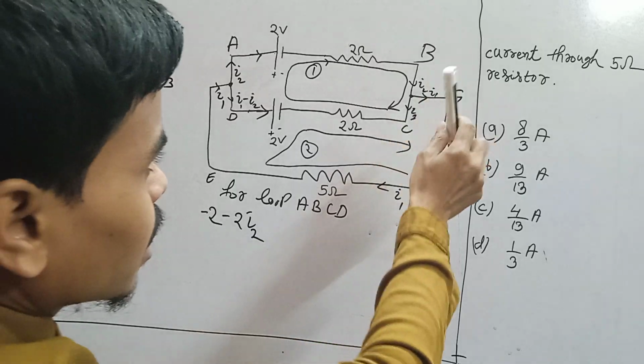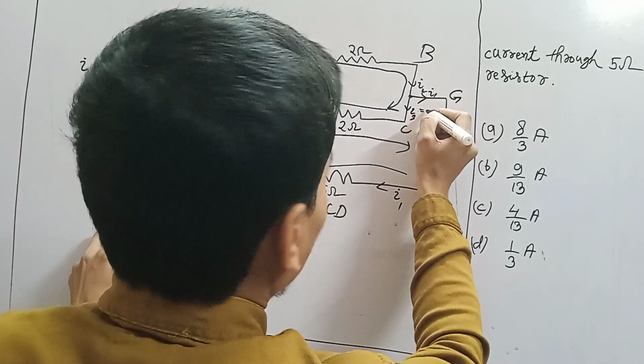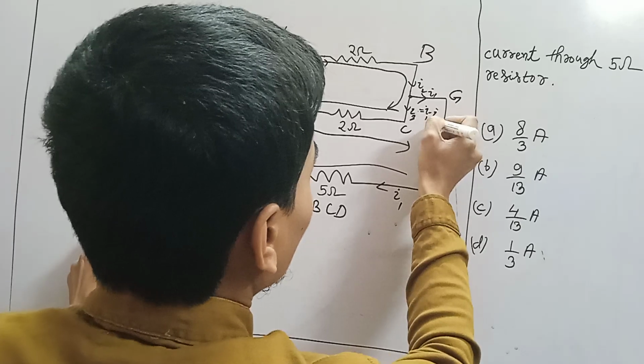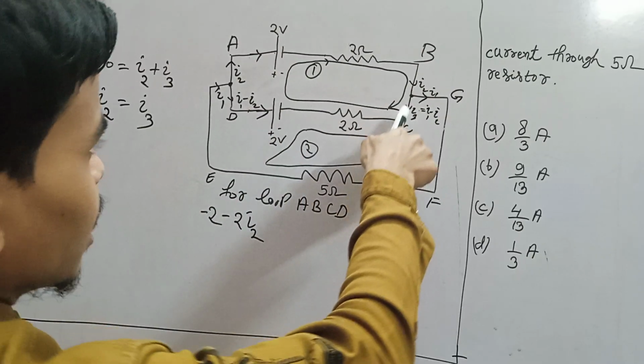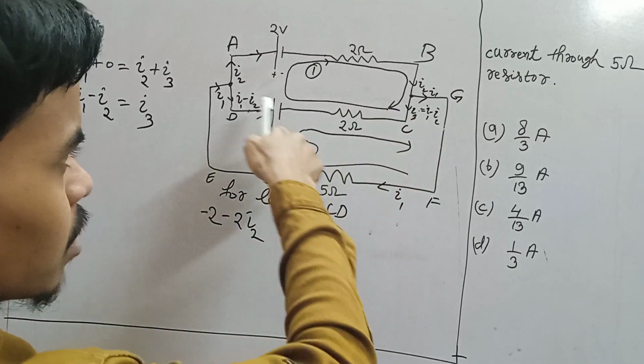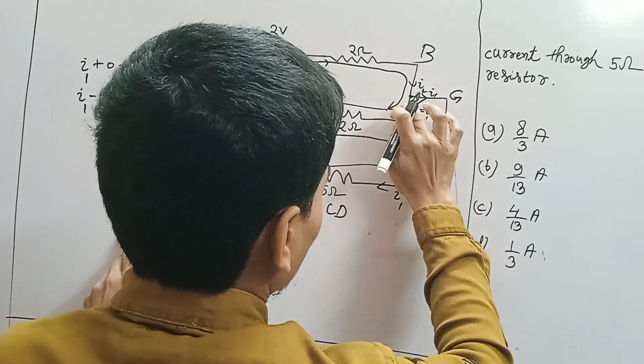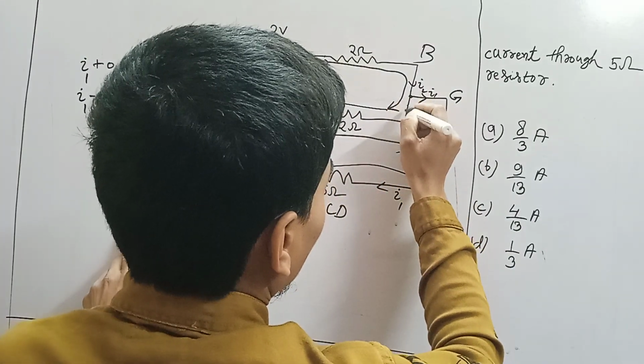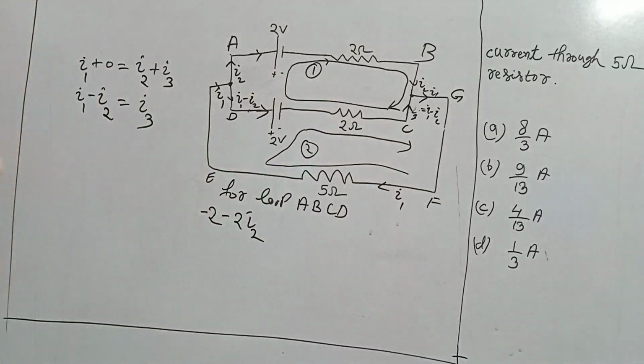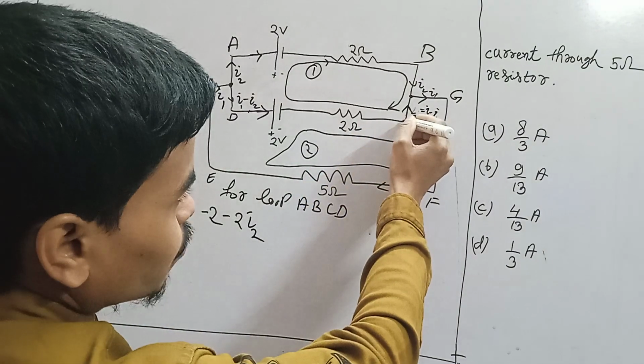Now for this value, here we come to this point, I3 equals I1 minus I2. Sorry, in this correction, the direction is opposite here. Okay, now it is right. So here we have to reach this point.